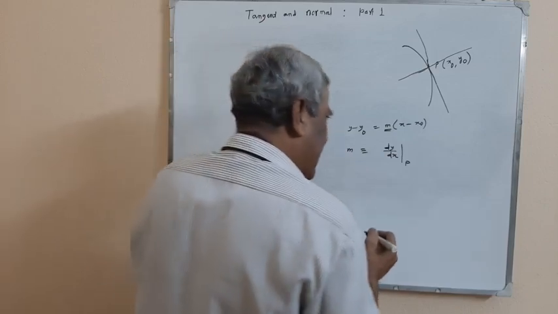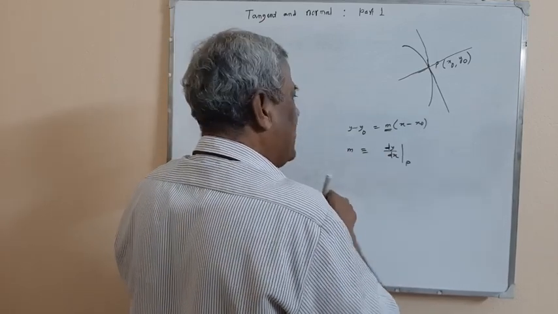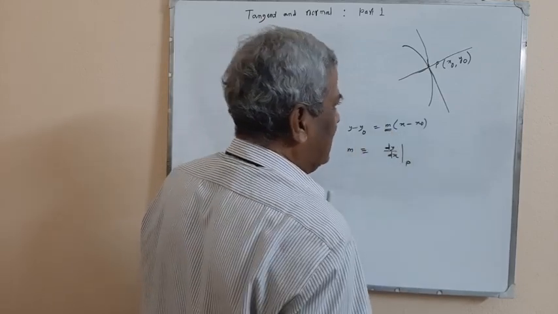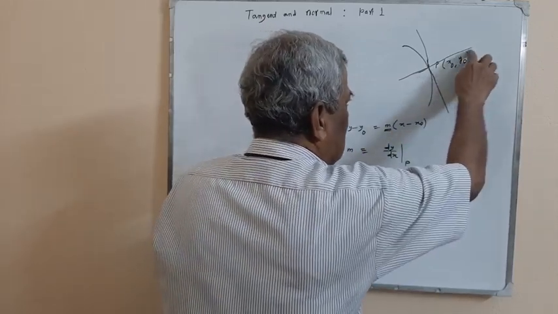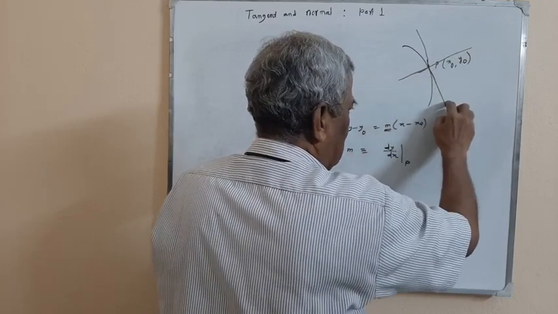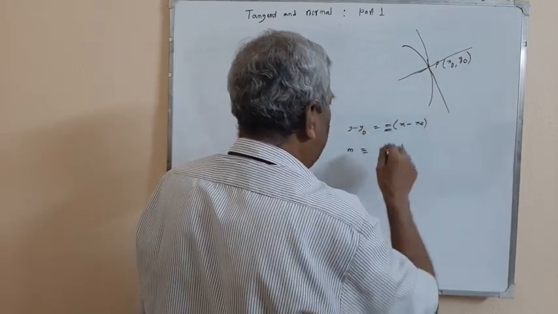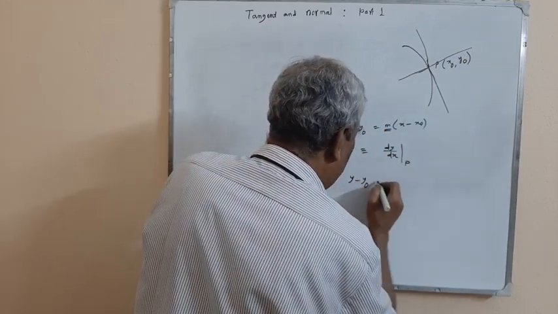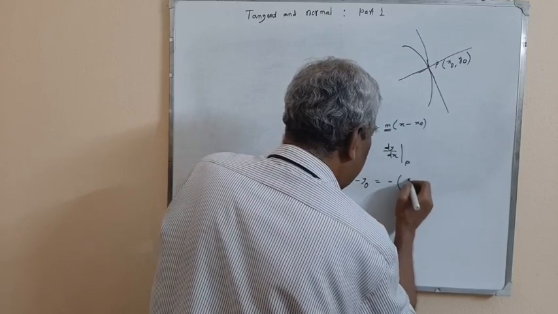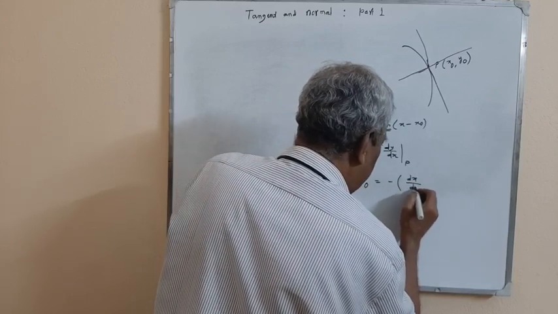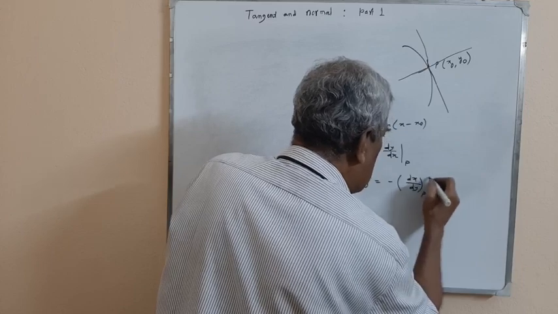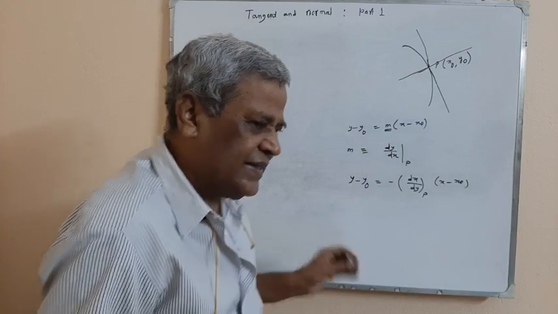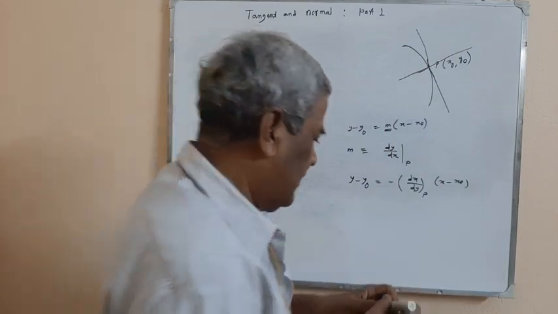So its equation is again of that form, but the gradient m of the normal, because it is perpendicular to the tangent, is actually minus dx/dy. So y minus y0 is equal to minus dx/dy at the point P into x minus x0. So this is the basic idea of tangent and normal.